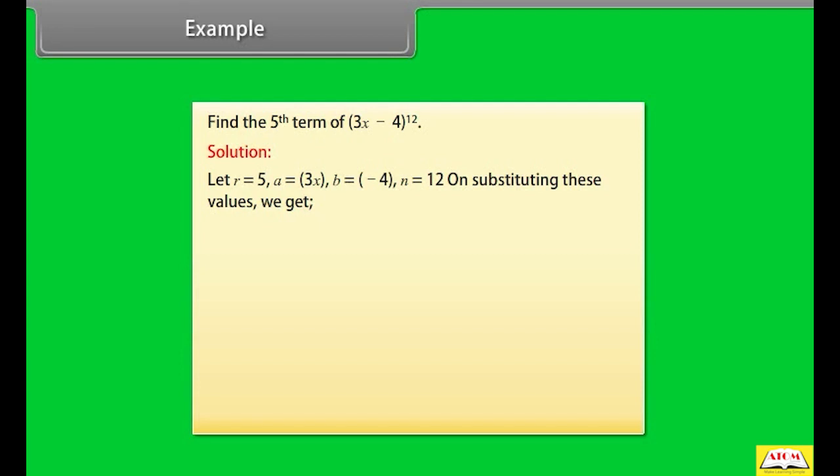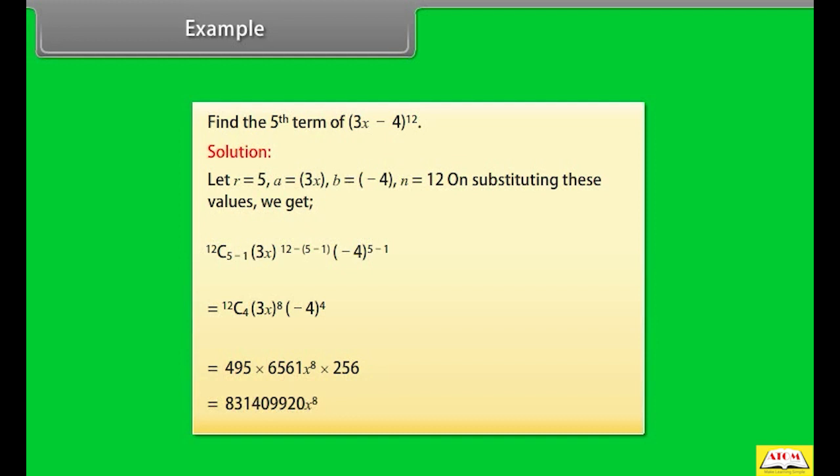On substituting these values, we get 12C(5−1) into (3x)^(12−5+1) into (−4)^(5−1), which equals 3140992 0 x^8.